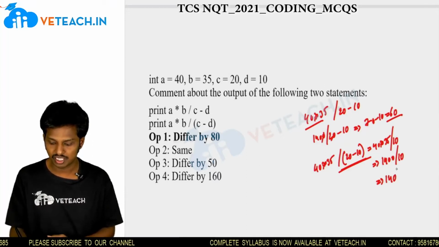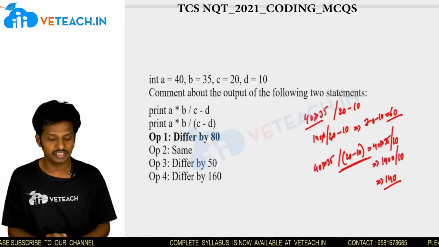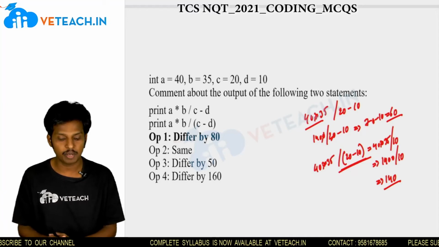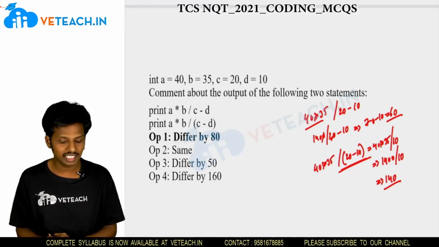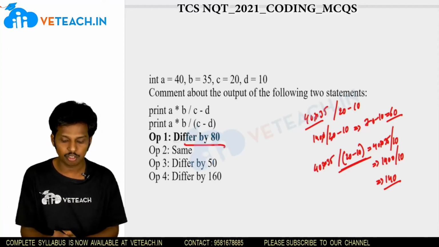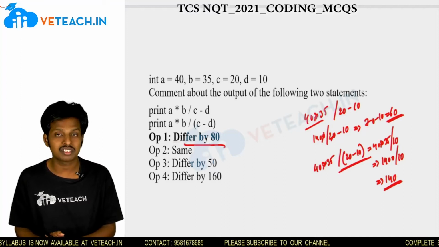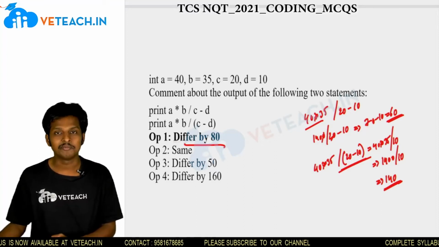If you observe, the difference is 80. The options given are: the first option, differ by 80; the second option, same; differ by 50; differ by 160. So the answer will be differ by 80. The difference between these two results is 80.